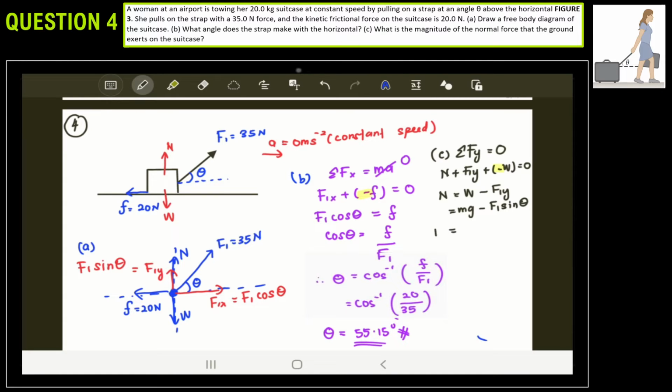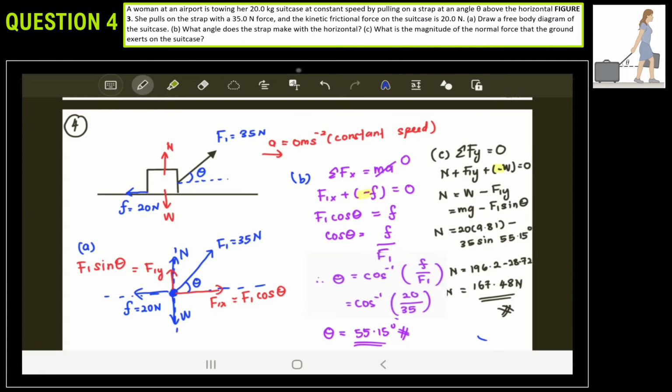Therefore N is equal to mg, 20 times 9.81, minus F1, which is 35 sin 55.15 degrees. So N is equal to 196.2 minus 28.72. Finally the normal force is equal to 167.48 Newton. So this is the answer. Alright, so we finish question number 4.